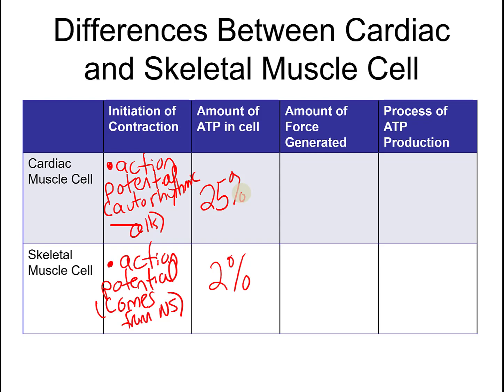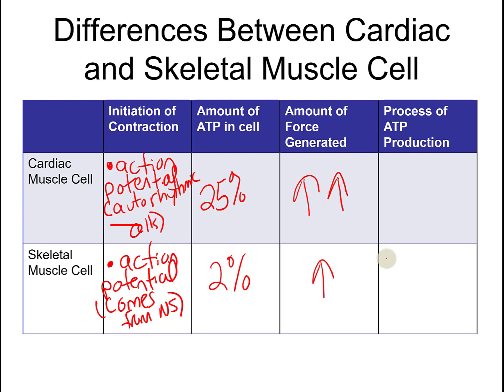So right off the bat, you can see, oh, cardiac muscle cells produce more force because they have more stored ATP in the beginning of the contraction. They can contract longer. And so they produce much, much more force. So if we were going to give a 1-up arrow to the skeletal muscle in terms of force, we would give 2-up arrows to the cardiac muscle.